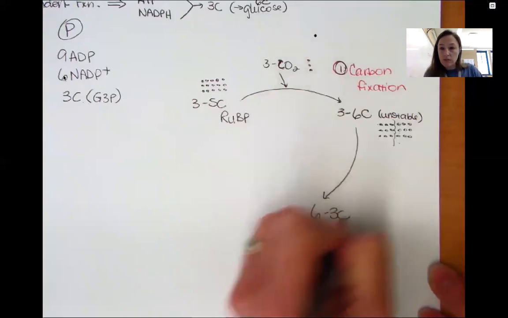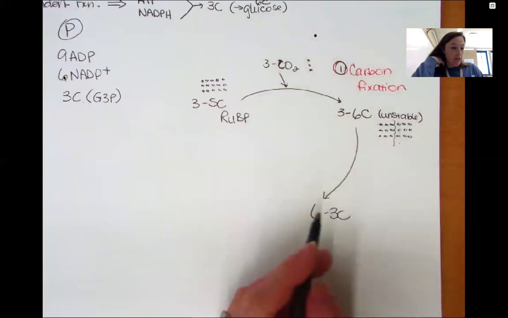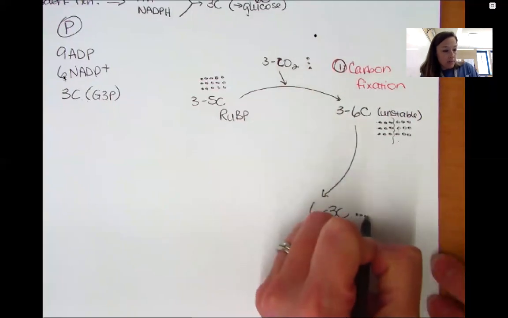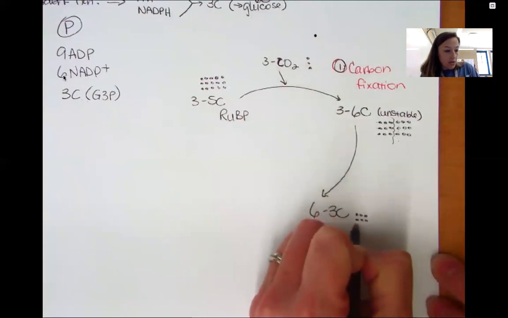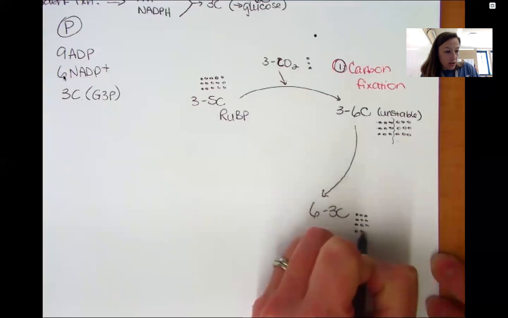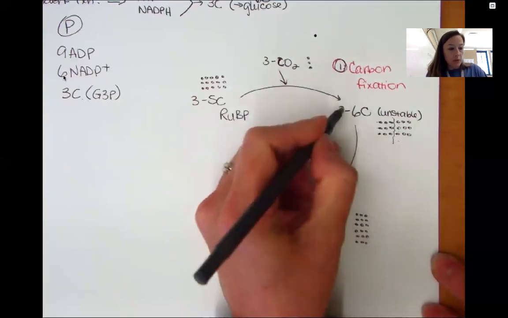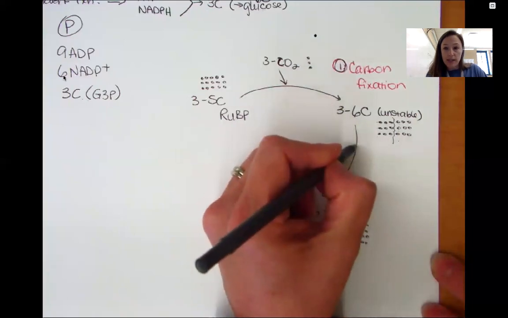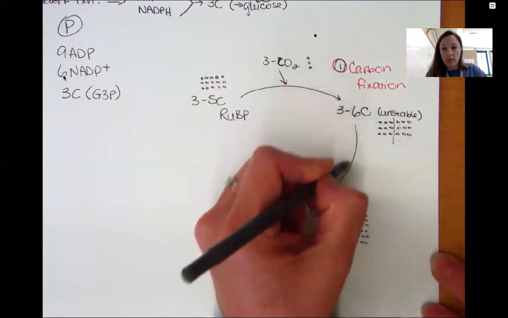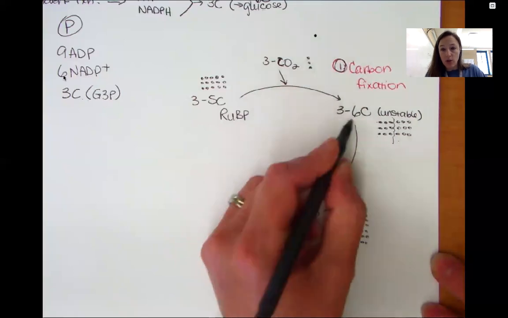Okay, still 18 carbons, they're just in a different form. Let me draw those out. Now this actually happens in 2 steps, and I'm telling you that just to be transparent, but I'm going to show it as 1. So generally we would show that break, have the 6 3-carbons here, and then show this next step, but I'm just going to show it all as 1 step.